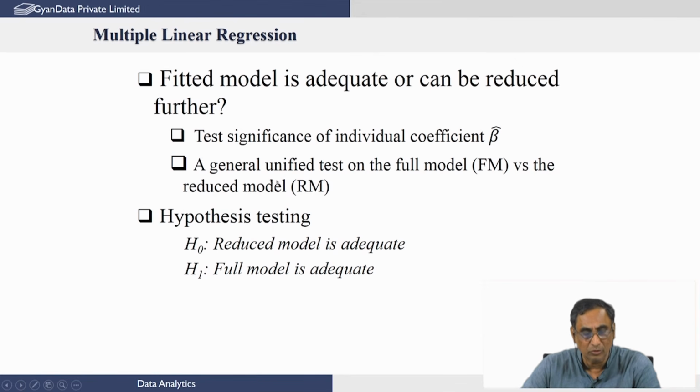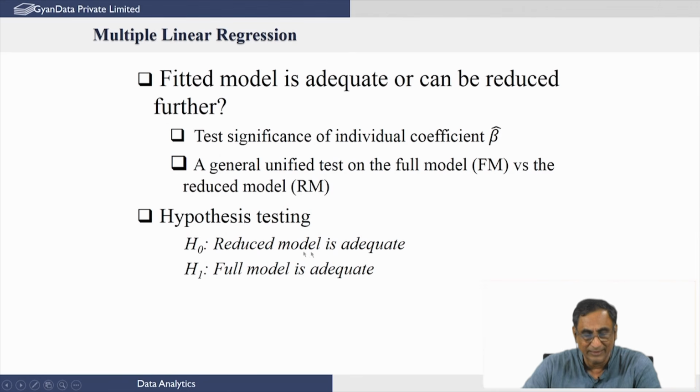Or we can also do what we call the F test, just as we did in the univariate regression problem. We can test whether the full model is better than the reduced model. The reduced model contains no independent variables, whereas the full model can contain all or some of the independent variables. You can do many kinds of tests and we will do this.